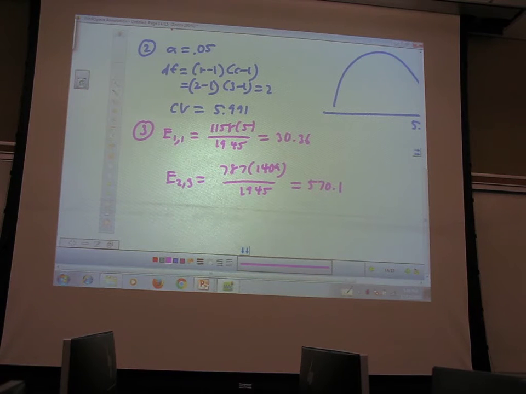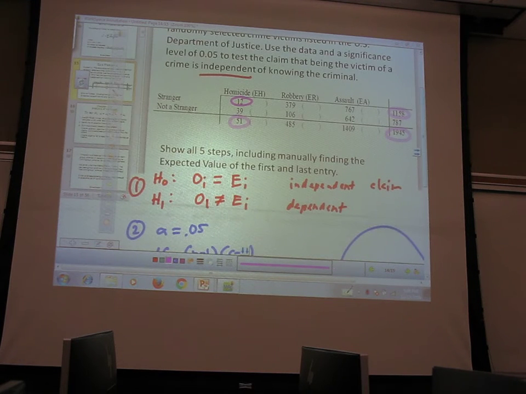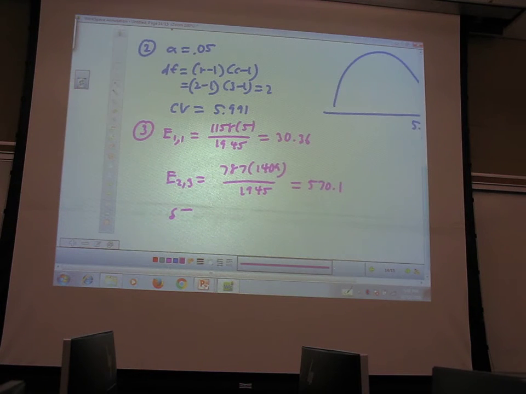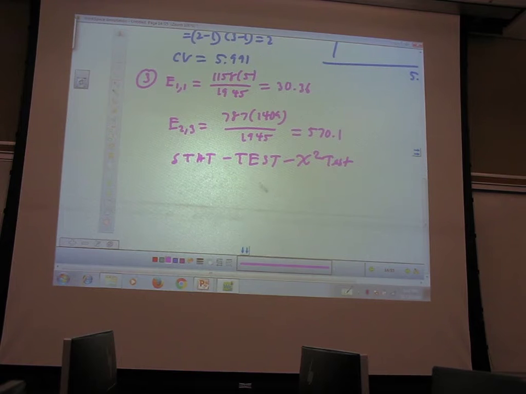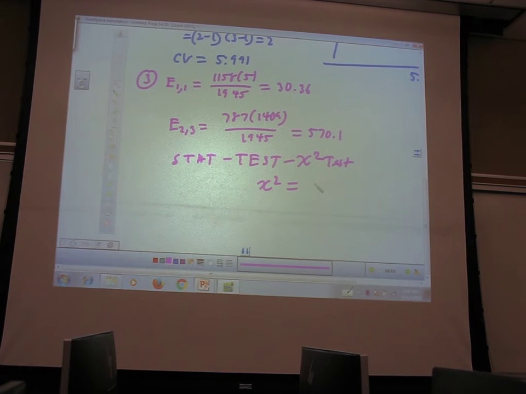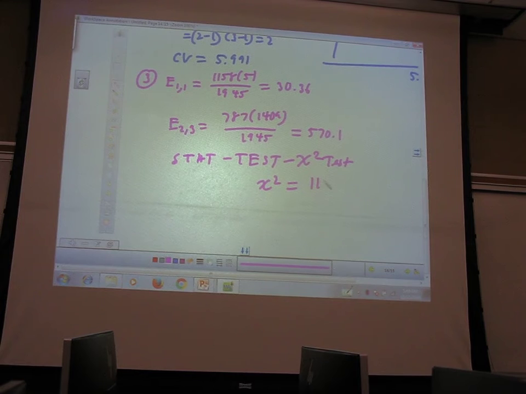Perfect. Okay, and then you put this stuff into a matrix, right? This is your matrix. That's your matrix A. And then you did stat, test, chi-squared test, and got chi-squared is equal to what? 37?